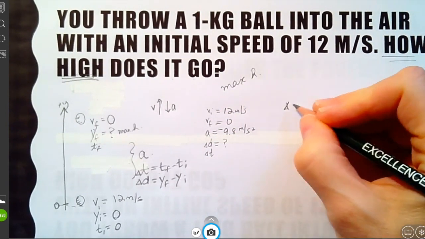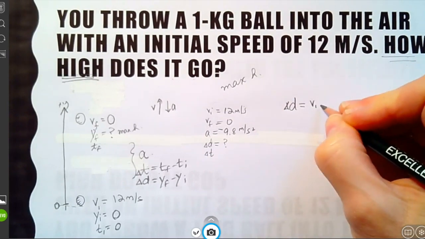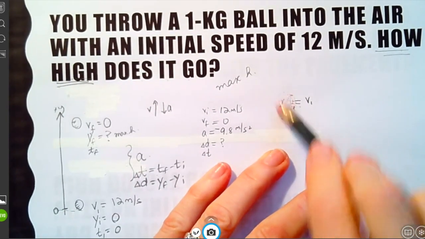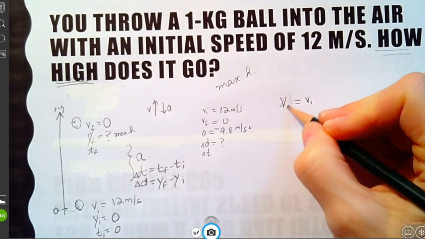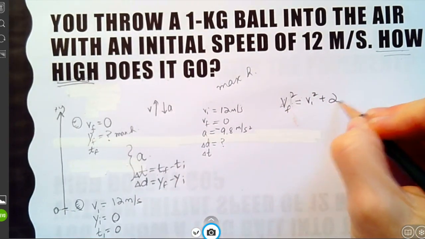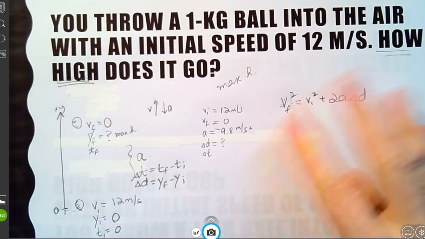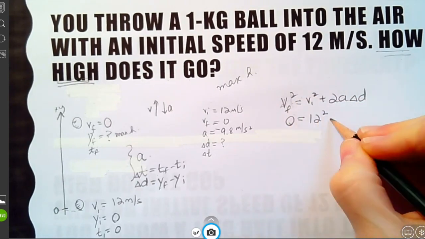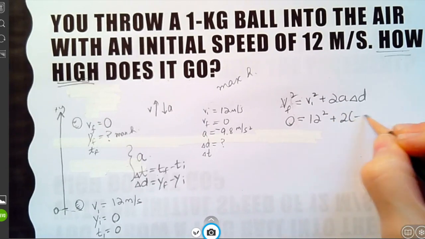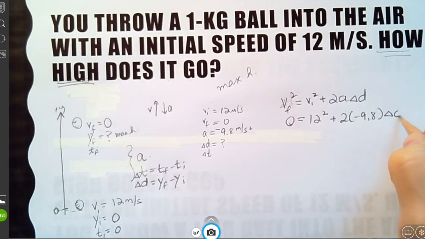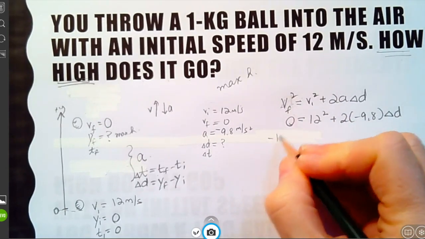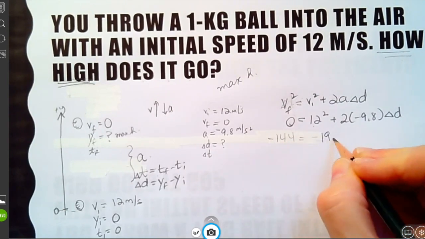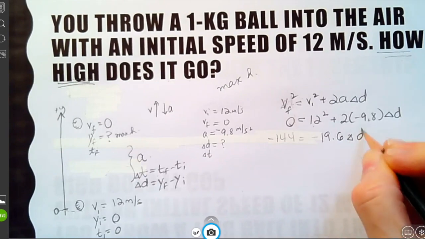And so therefore I'm going to use not that equation, I'm going to use this equation because it has all of those variables. So V final is 0, V initial is 12, this is negative 9.8, so I can solve for delta D. So I'm subtracting 144 to the other side. 2 times 9.8 is 19.6.